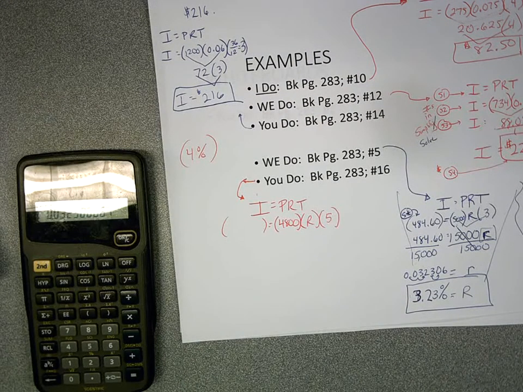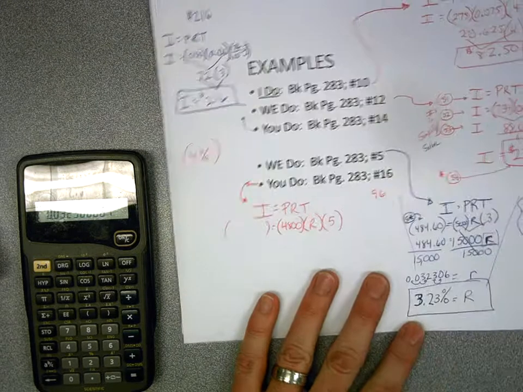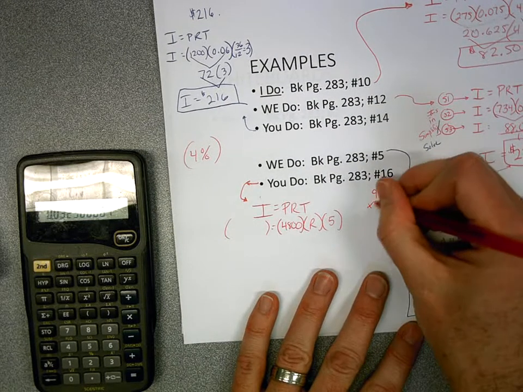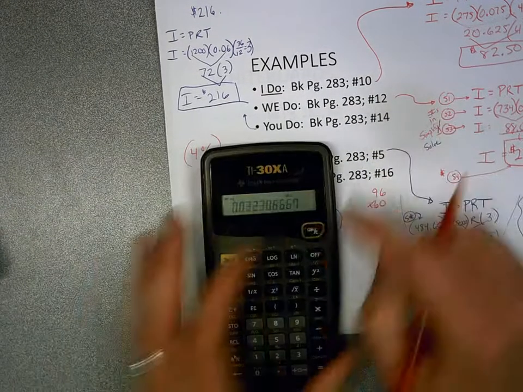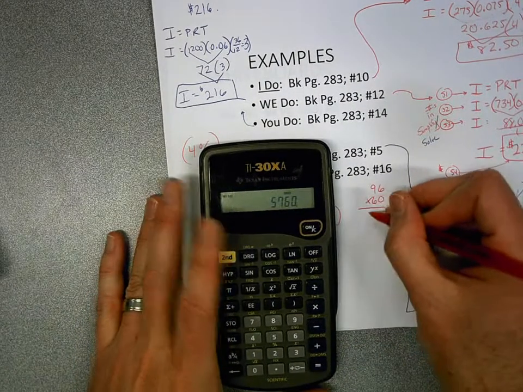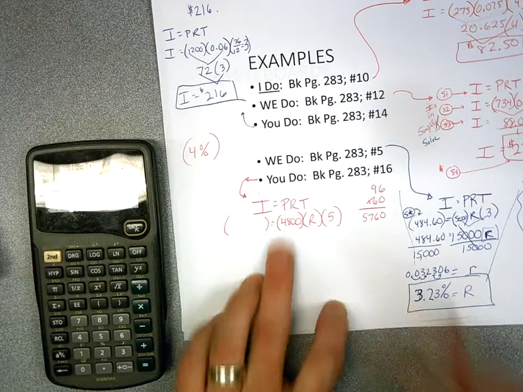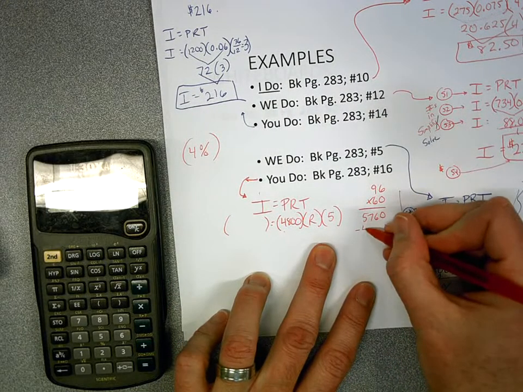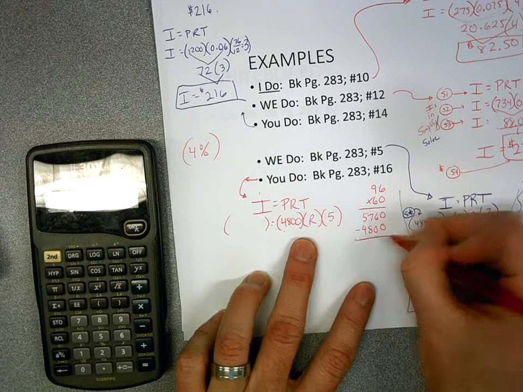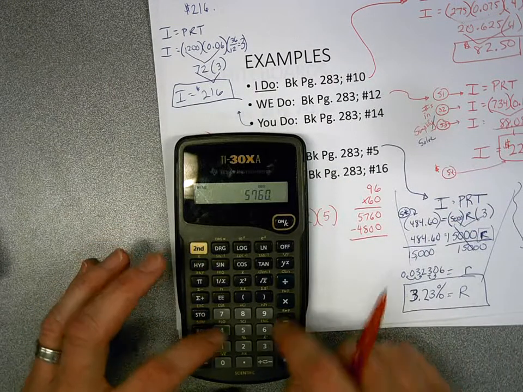So basically $96 a month times 60. 96 times 60 equals $5,760. Well, the fact that he borrowed $4,800, the difference would be the amount of interest. So $5,760 minus $4,800, and that's $960.